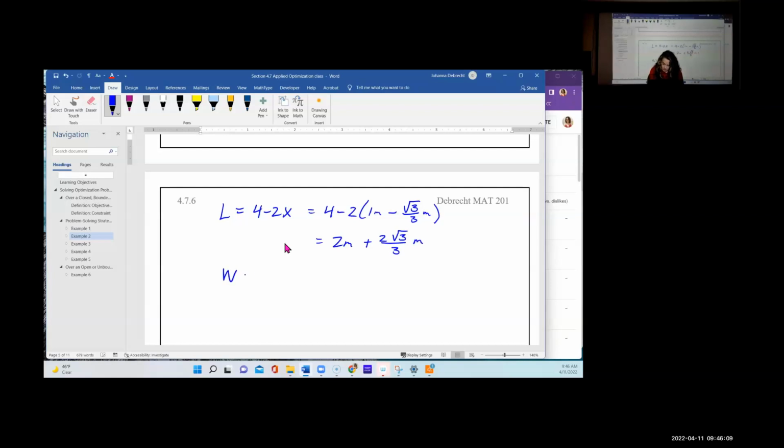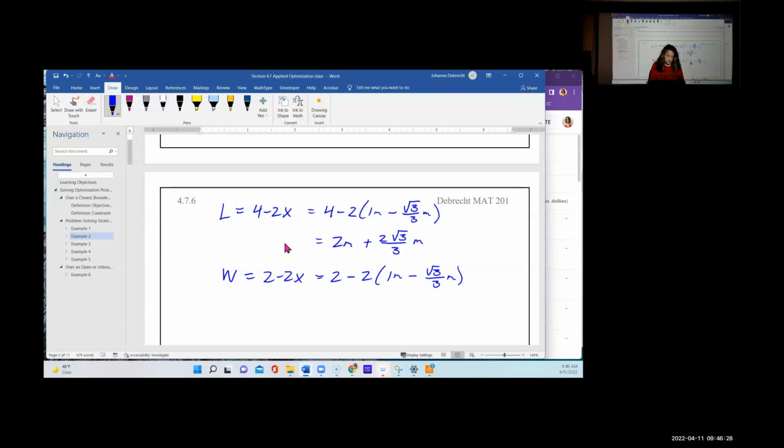Right? And the width is 2 minus 2x, which is 2 minus 2 times 1 meter minus the square root of 3 over 3 meters. So the 2 distributing on the 1 meter gives us 2 minus 2, so that cancels out.